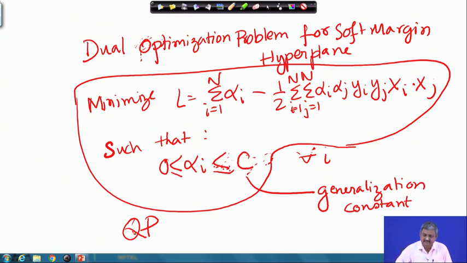You get your support vectors, you still get them.